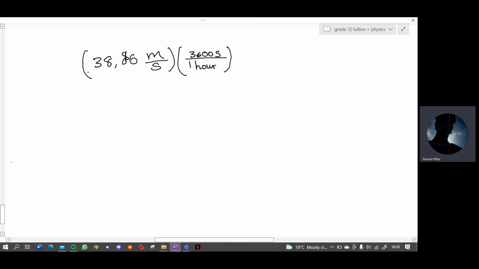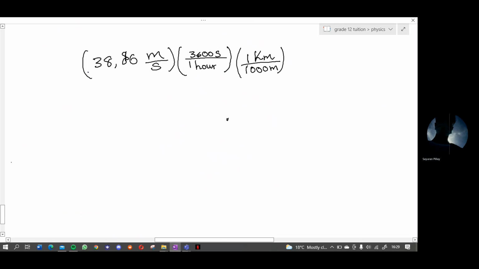It's just a factor of 1. 3,600 seconds divided by 1 hour, because it's the same quantity, it's just going to be 1, right? And then up here, 1 meter needs to be turned into kilometers. So I need kilometers at the bottom though. No, I need meters at the bottom because meters are at the top here, so I need to cancel. So I know that 1,000 meters is going to be the same as 1 kilometer, right?